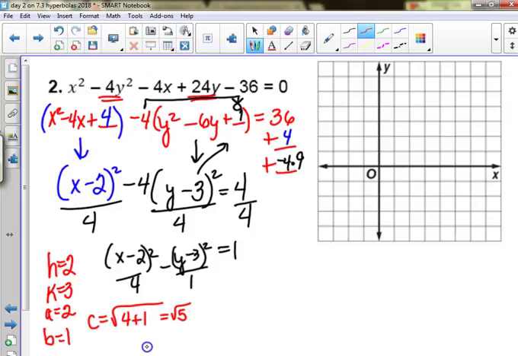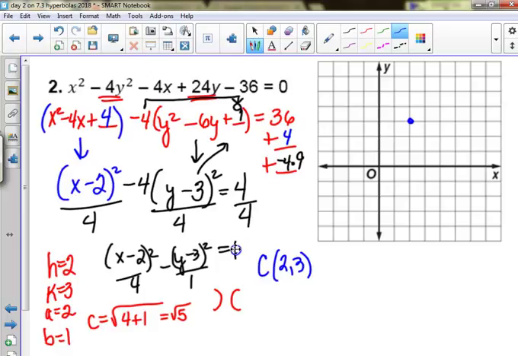Patrick, tell me one thing. How about just which way does it open? Yes, because the x is in front of the minus, okay? It's the positive part of this, so it's opening this way. All right. Fatih, where's the center? Okay, 2, 3.